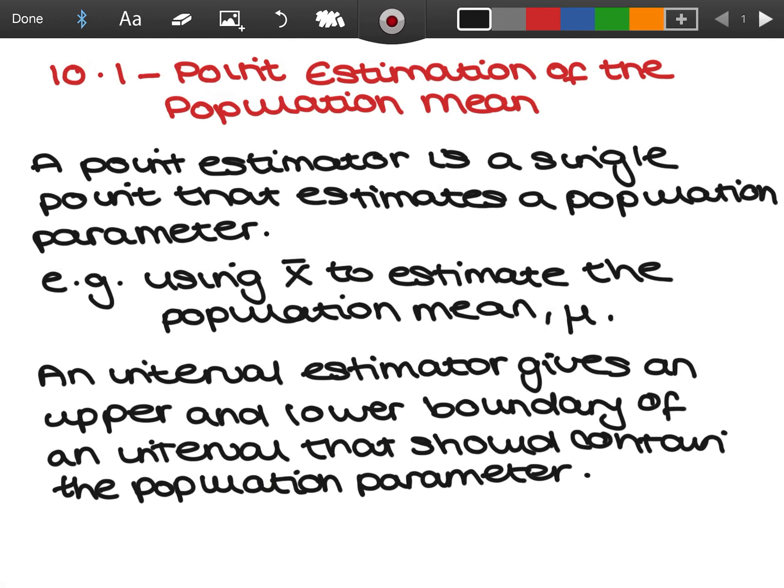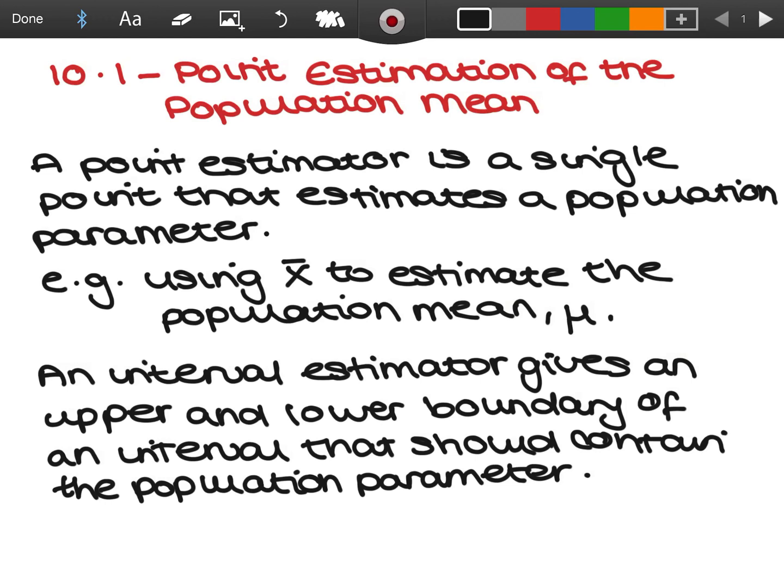The problem that we have a lot of the time is that you won't actually know what the population mean is. If you don't know what the population mean is, then it's very, very difficult to figure out how accurate your estimate is. Now, if we know what the population mean is, that makes it way easier to figure out how good an estimate you have.